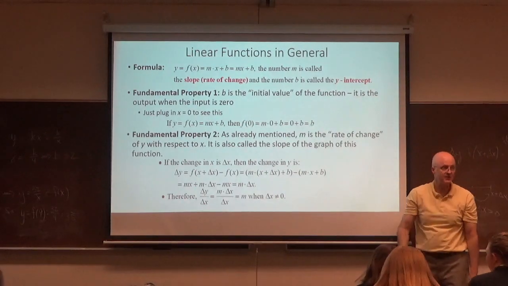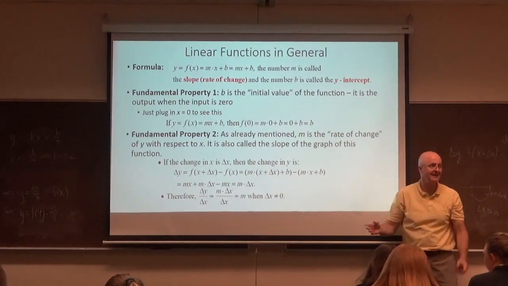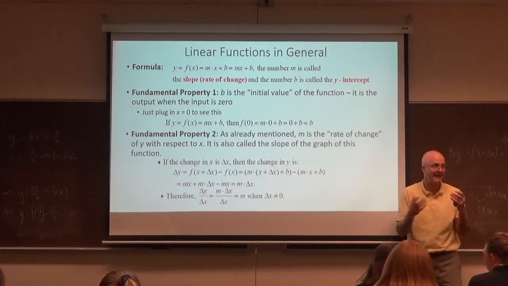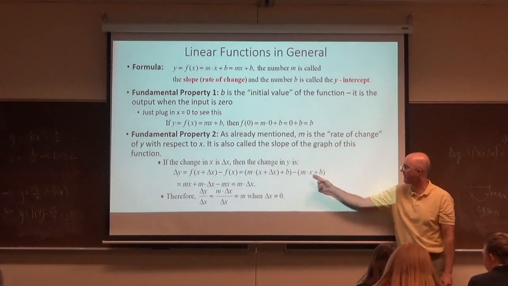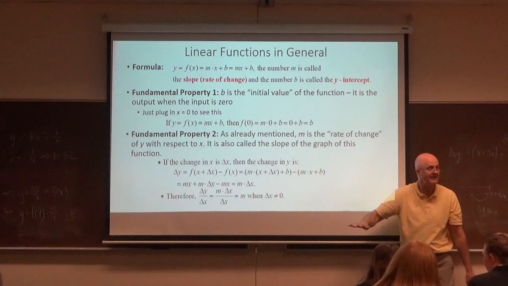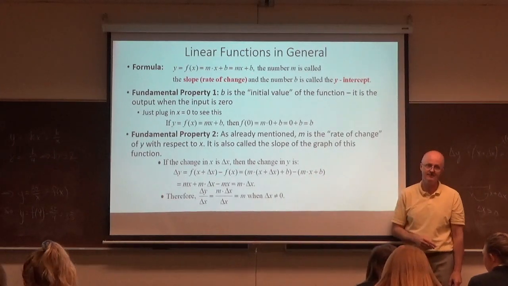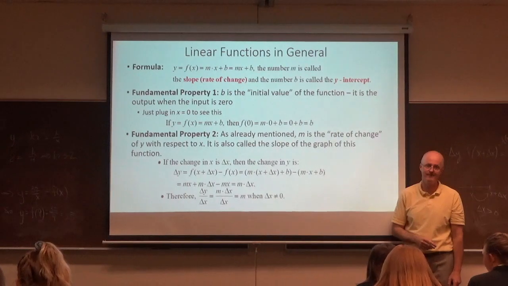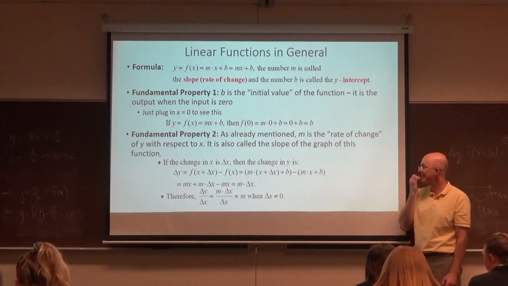It does represent a single number, but it's a single number with two terms that are being added. I need to subtract the whole thing, and that's a common mistake I mentioned a few minutes ago. If you don't put the parentheses here, you would just think, oh, I just subtract mx and then I add b, but that's not the case. You subtract mx and you subtract b. That's why it's important to be real careful in those situations.